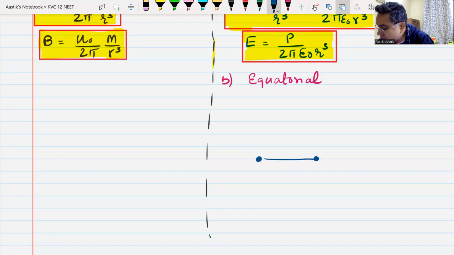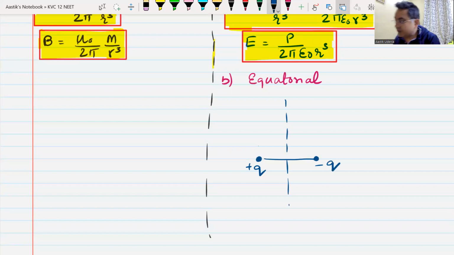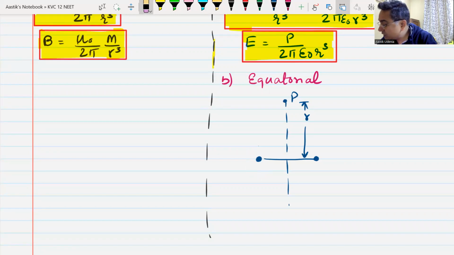This is the dipole, plus Q, minus Q. Equatorial point means perpendicular bisector. So this point P is here, and the distance from the center is given as R. Let me just draw the diagram in that sense only. Let me write the minus Q sign here and plus Q sign here.